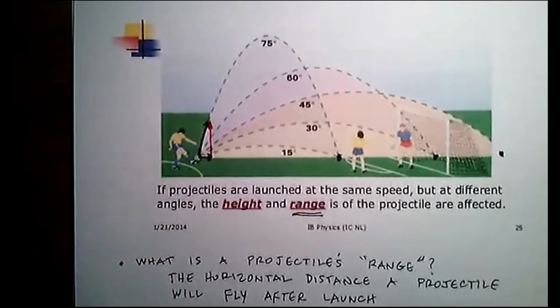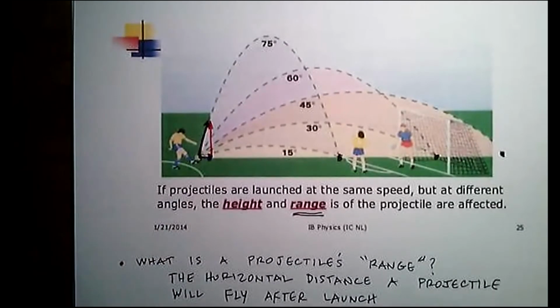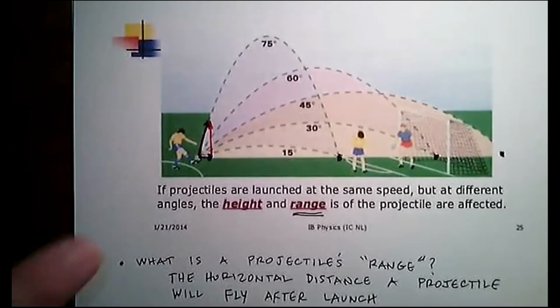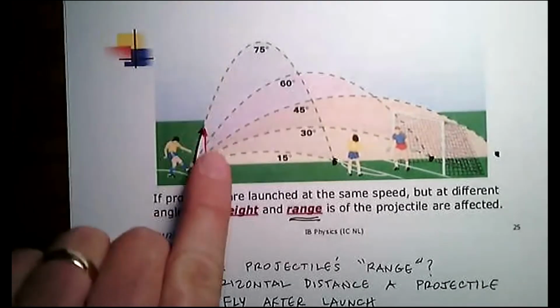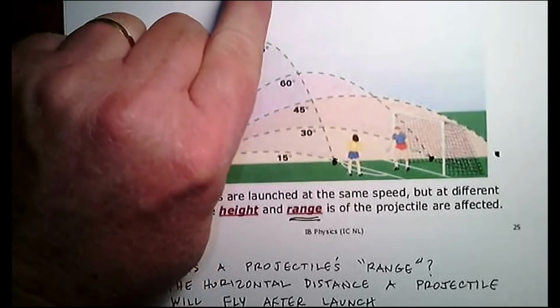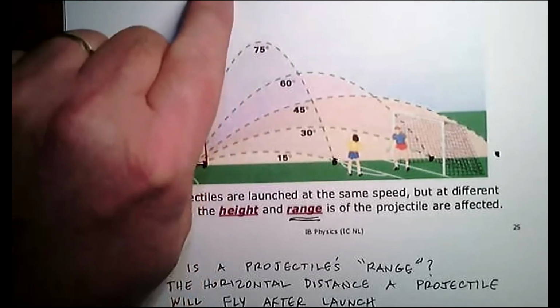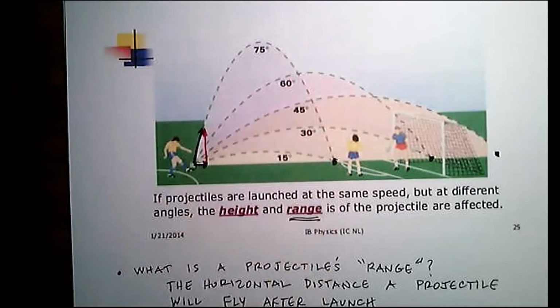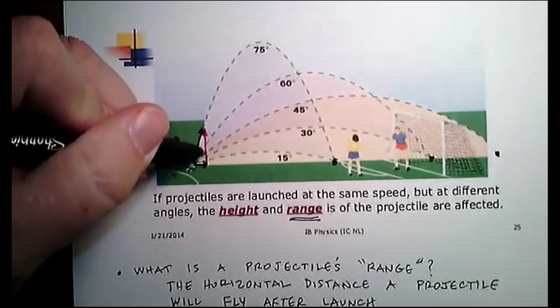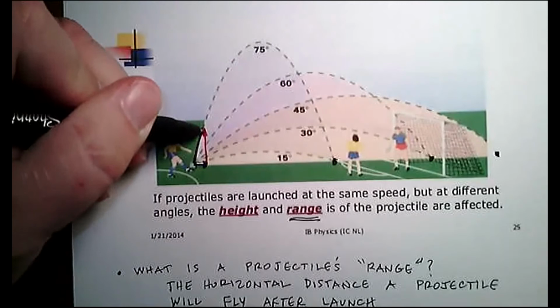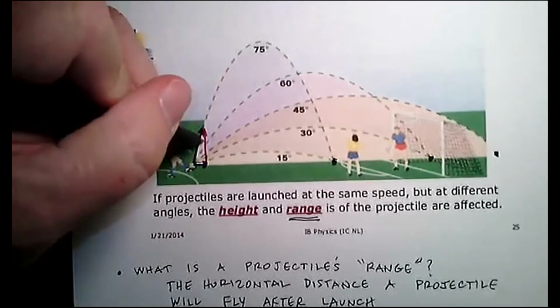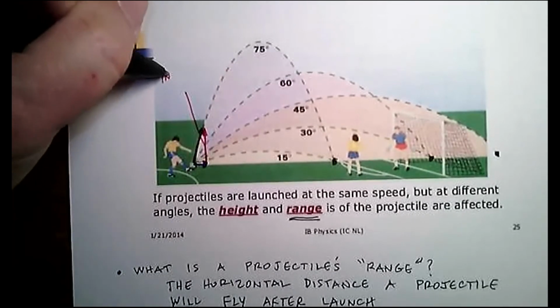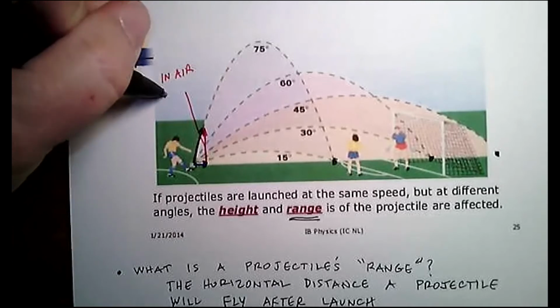Now, what controls the amount of time that it's in the air? It's all about the vertical. The more velocity I give it vertically, the higher it's going to go, and it'll be in the air for a really long time. So we'll label that: in air, long time.